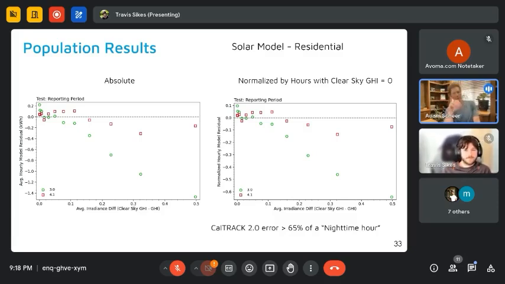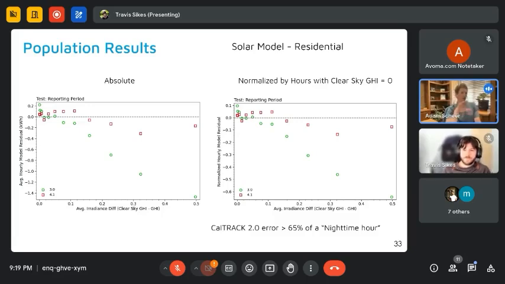This is a residential sample. We've binned data points according to this metric on the x-axis. And on the y-axis, we're looking at the average hourly model residual. I'm specifically focused only on hours that have solar irradiance, so we're ignoring all the 1 a.m.s, the 2 a.m.s, the nighttime kind of stuff.